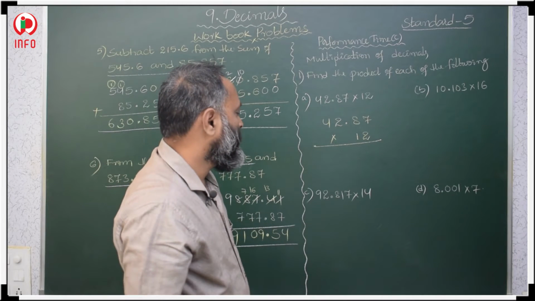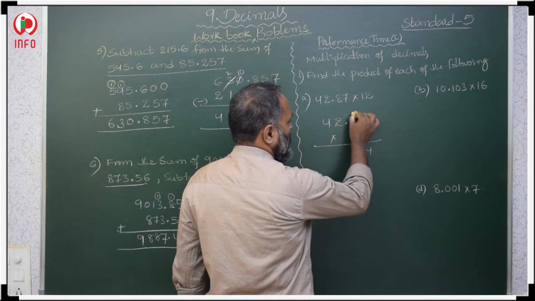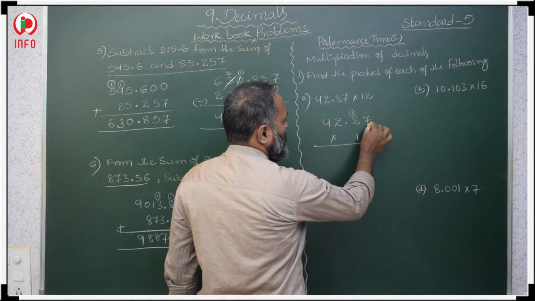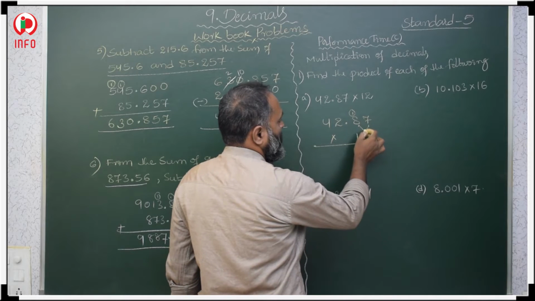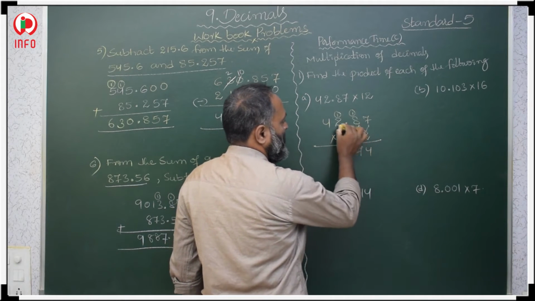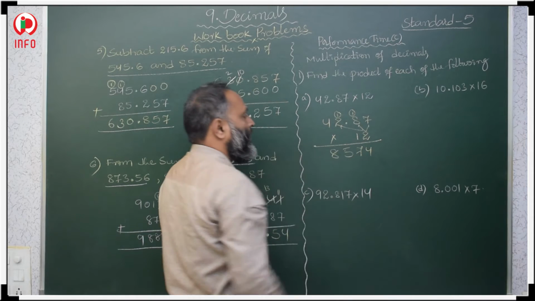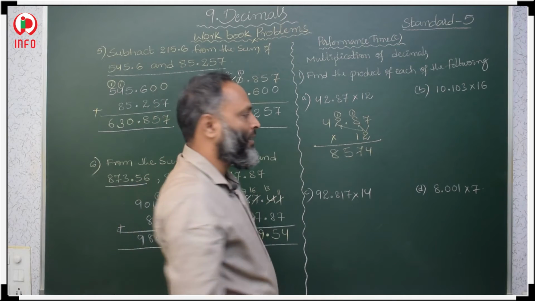Okay. Now multiply with 2. 2 sevens are 14 and 1. So 2 with 7, 2 with 8, 2 8s are 16, 17 and 1. 2 2s are 4 plus 1, 5, 2 4s are 8. Don't consider the decimal.